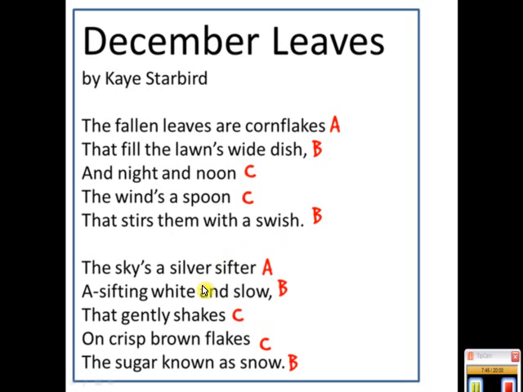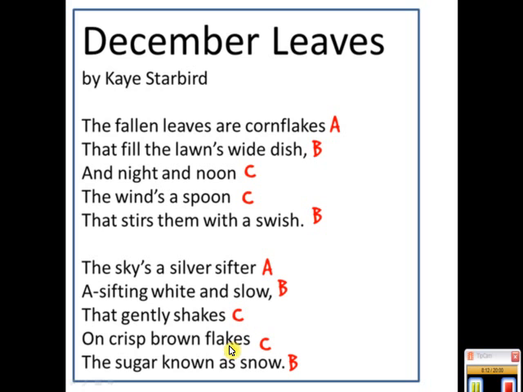And then it follows on the second stanza. You begin again with letter A because it's the first line. Automatically, you put A. Sifter and slow. B. Shakes. That's C because shakes doesn't rhyme with slow and sifter.